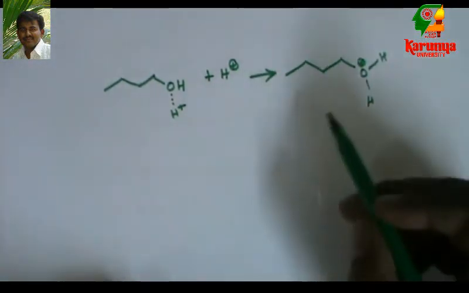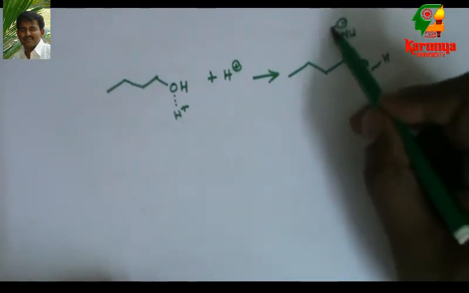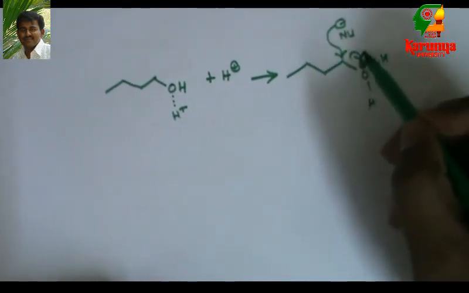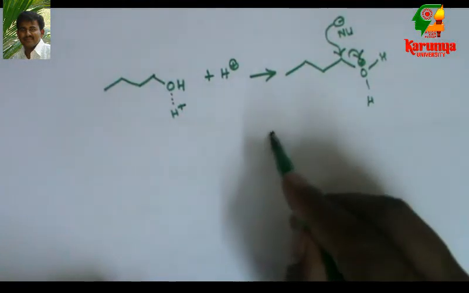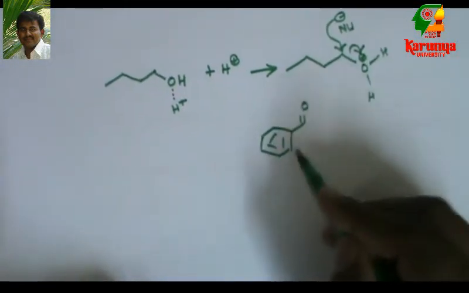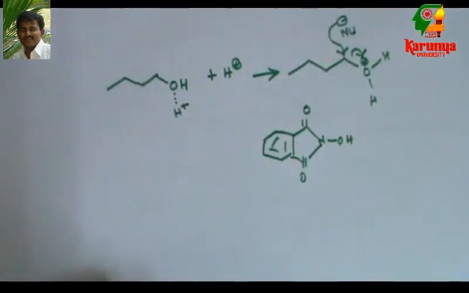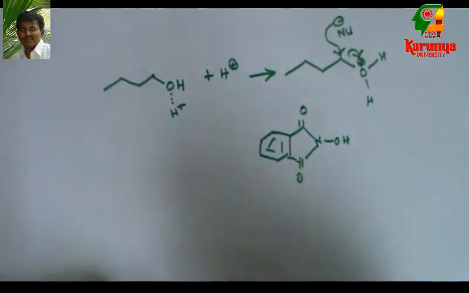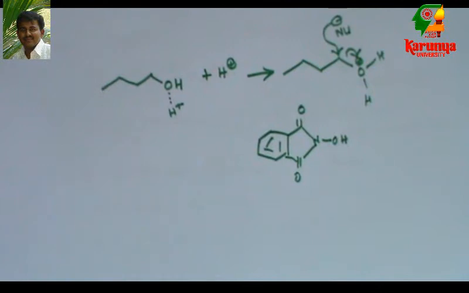This can be easily attacked by a nucleophile. The nucleophile attacks here and we get the corresponding product. In our case, the nucleophile is N-hydroxyphthalimide. So this attacks to give the corresponding O-alkylated product.